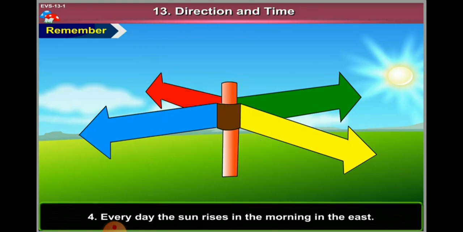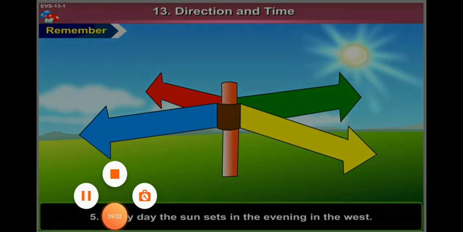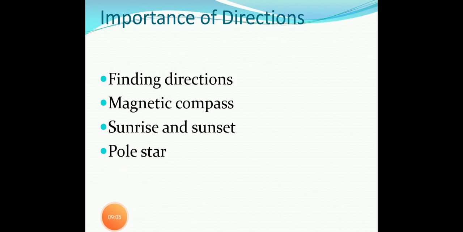Every day the sun rises in the morning in the east and it sets in the west. Now, I think all of you understood how to find the direction with the help of the rising sun.